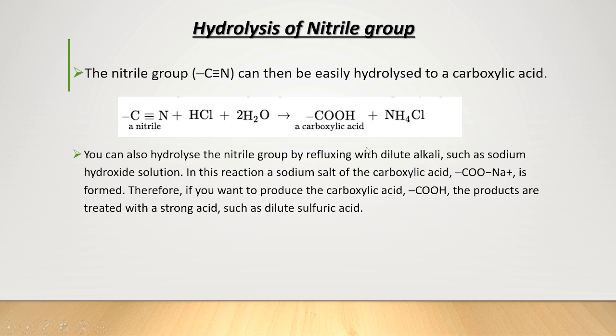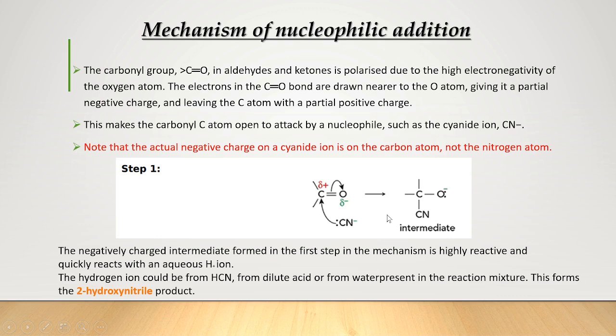So you can see here we are hydrolyzing with the acid, but we can do the same thing with the alkali as well, like sodium hydroxide. In that case, there is the formation of COONa, the sodium salt of the carboxylic acid. If you want to produce the carboxylic acid, the products are treated with a strong acid such as dilute sulfuric acid.